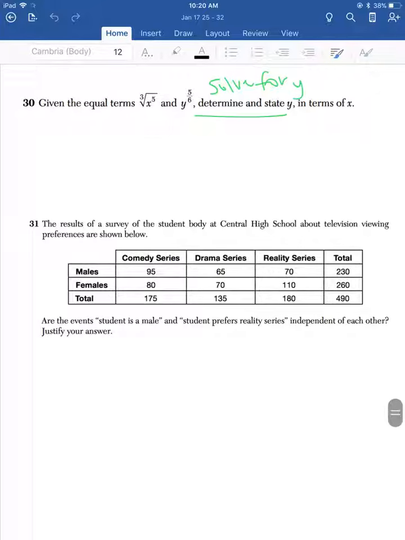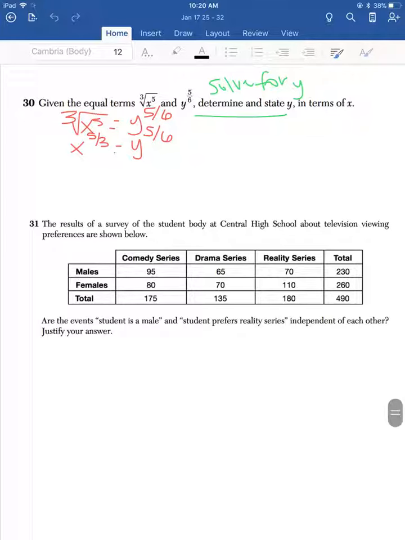So right away, I can write this, the cube root of x to the 5th is equal to y raised to the 5/6. So what I am going to do, because I can't, no radicals. We want to get rid of any radicals that we see. This is really x raised to the 5/3 power is equal to y raised to the 5/6 power. Okay? We're solving for y.